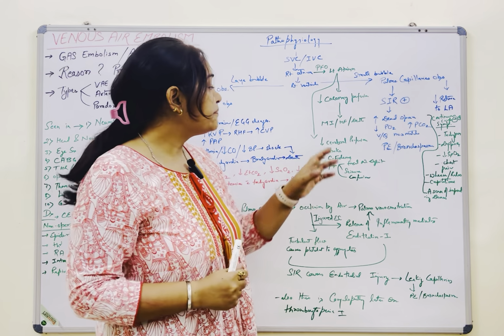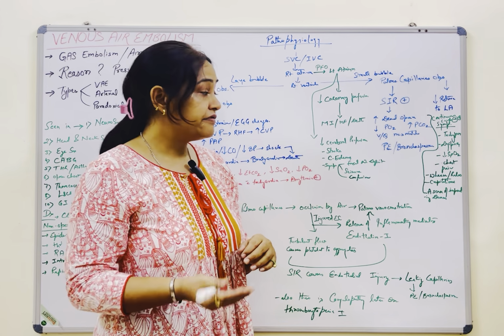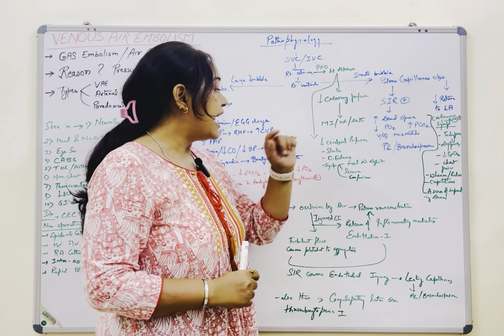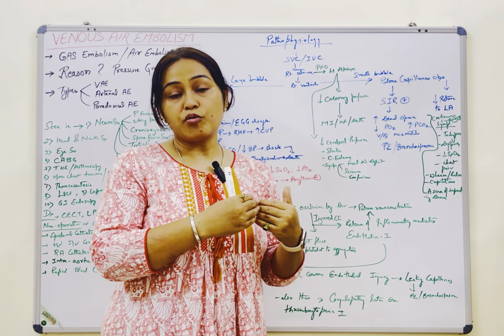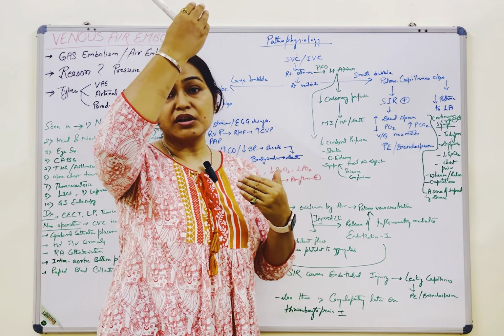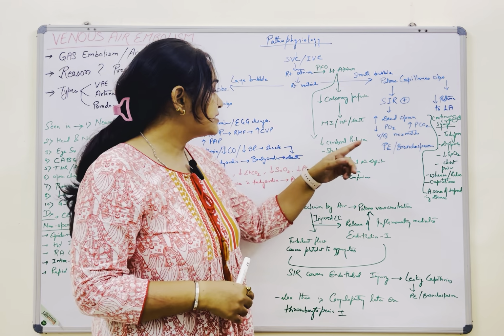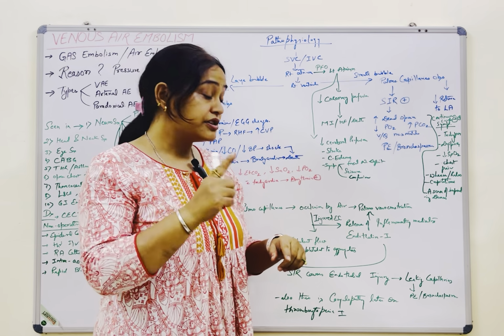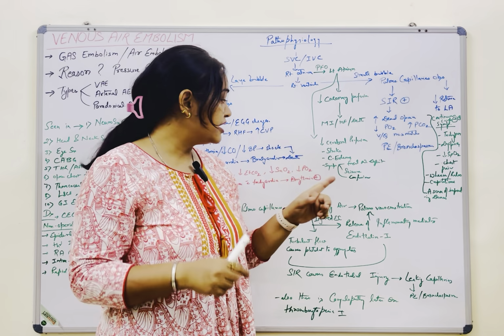There are chances of MI or left-sided heart failure or even death, right? And from the arterial circulation, it may go to the cerebral circulation. So there is cerebral perfusion reduction, chances of stroke, and cerebral edema.